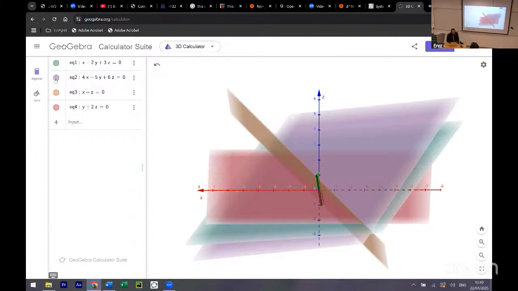You see, altogether these are 4 planes going through the same line. But you should think about them as pairs. The purple and the turquoise were the original pair. After the elimination, we got the brown and the orange and the red. Each pair has the exact same solution. And that's what happened geometrically.